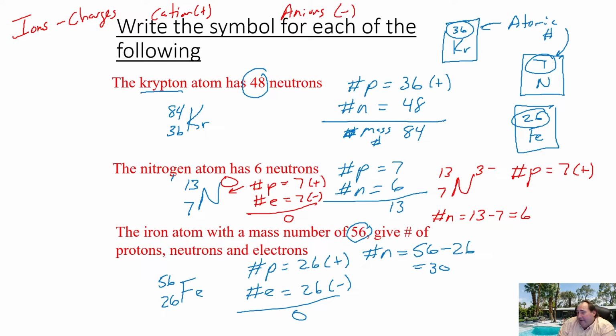So we also know from our conversations that when something gets a charge, the protons can't change, because remember, the protons are the ones that determine what element you're dealing with. If you change the protons from 7 in this example, you're no longer talking about nitrogen. So clearly the protons can't change, otherwise the element changes. Neutrons can't affect the charge because frankly, they have no charge.